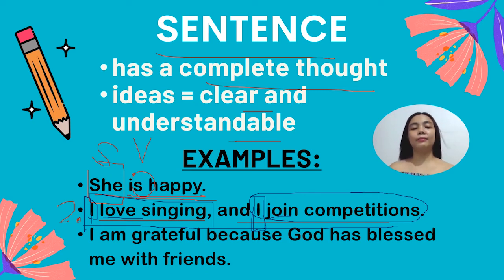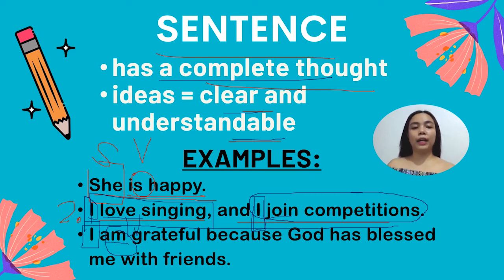Okay? Last example. I am grateful because God has blessed me with friends. Okay. So I'm grateful because God has blessed me with friends. It has a complete thought. It's very clear and understandable. And it has a subject and a verb. I is a subject. Am is what we call a linking verb. Okay?